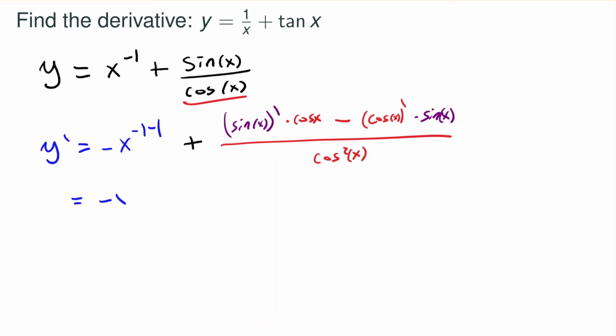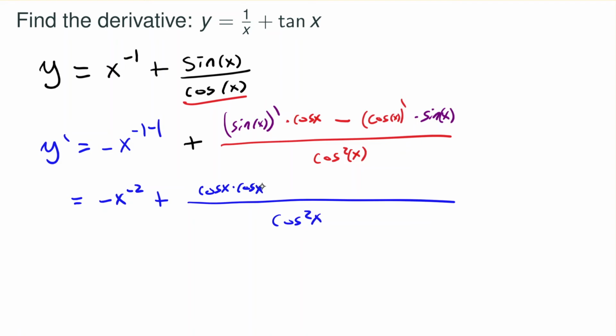We have negative x to the negative 2 power plus cosine squared x. Derivative of sine is cosine times cosine x minus derivative of cosine is negative sine x times sine x. I guess I can put parentheses here too.